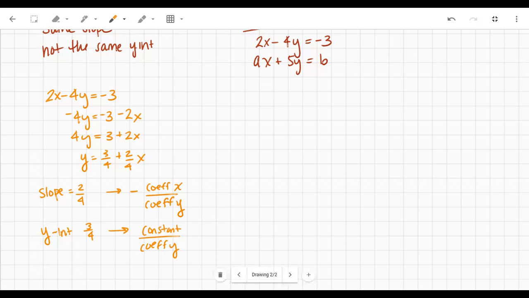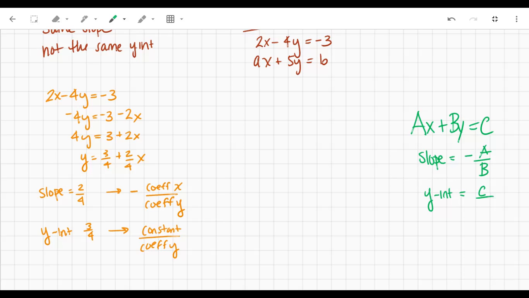So another way that you can think about this is, if this is the form ax plus by equals c, your slope is negative a over b, and your y-intercept is c over b. And that's what we see in that yellow one.